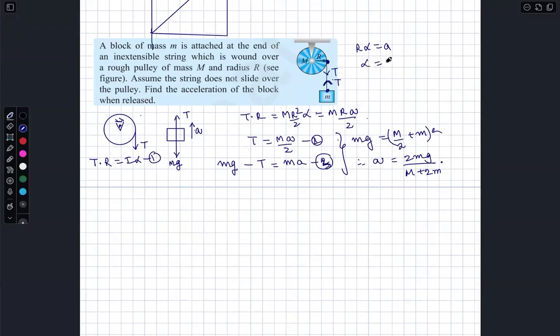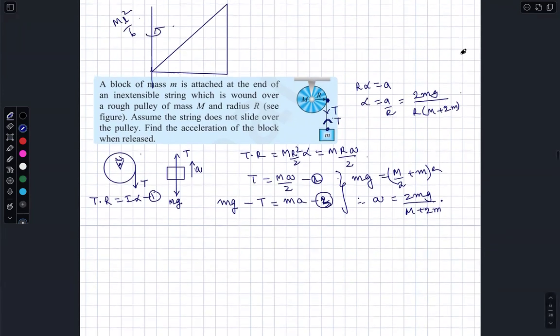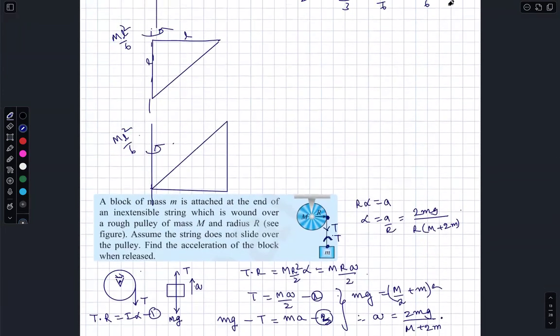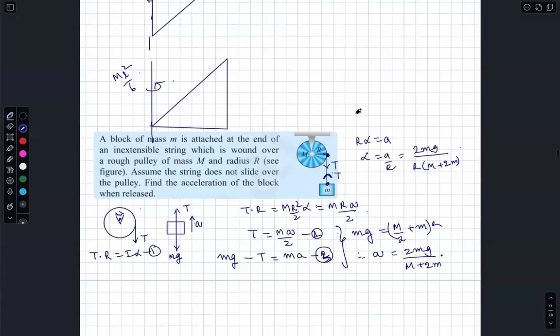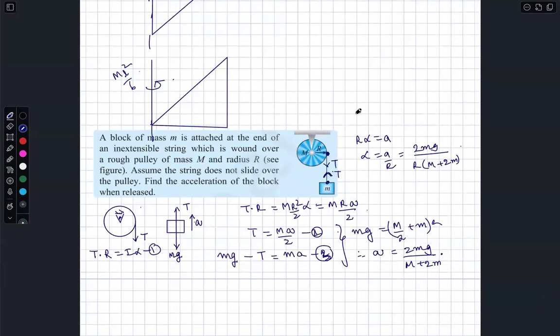Alpha is a by R, which is nothing but 2mg by R times (capital M plus 2 small m). So this is all about the basic application of equations like this. I'll take one more question.